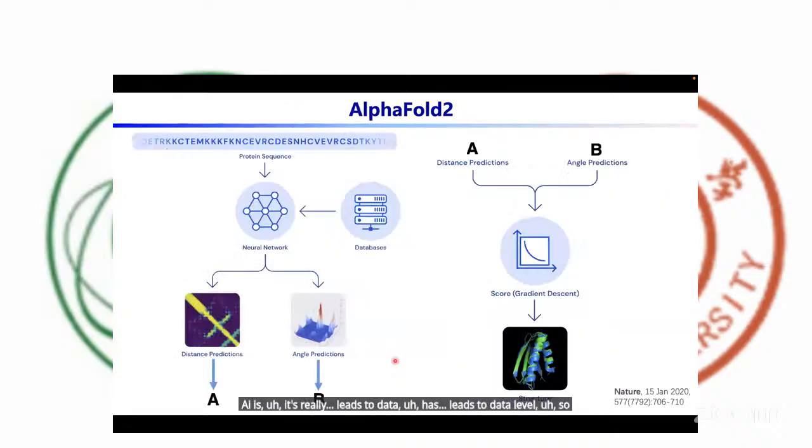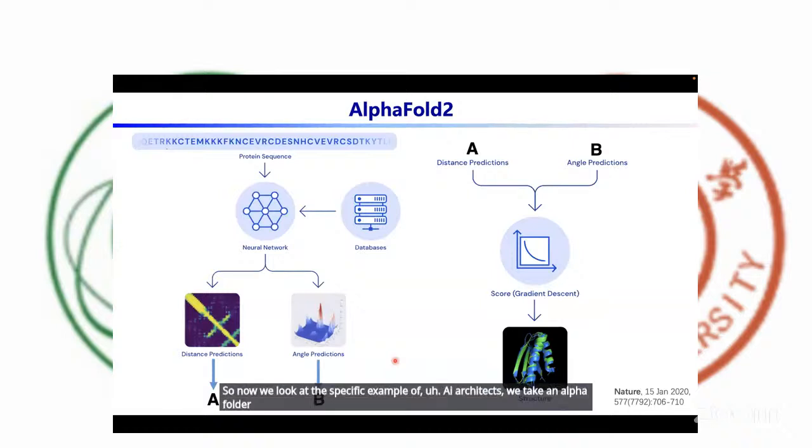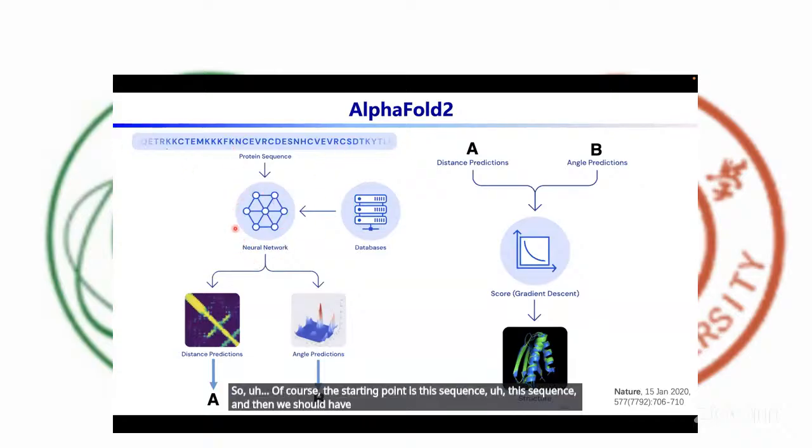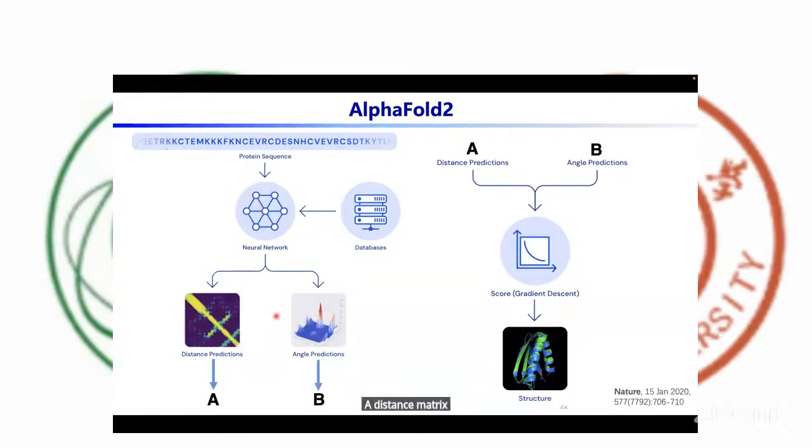Okay, so now we look at a specific example of AI architecture. We take AlphaFold 2 as an example. Of course, the starting point is the sequence, and then we have a neural network to predict a distance matrix and also to predict the phi psi angles. Utilizing these two pieces of information, we need to be able to generate some kind of protein structure.